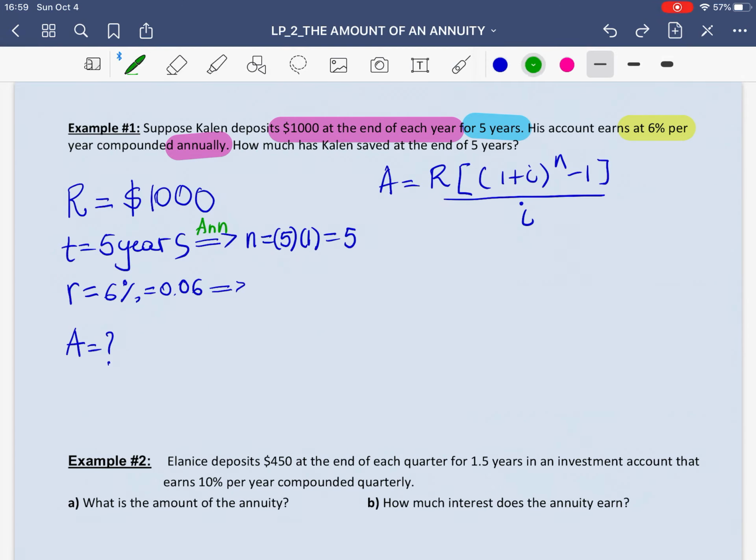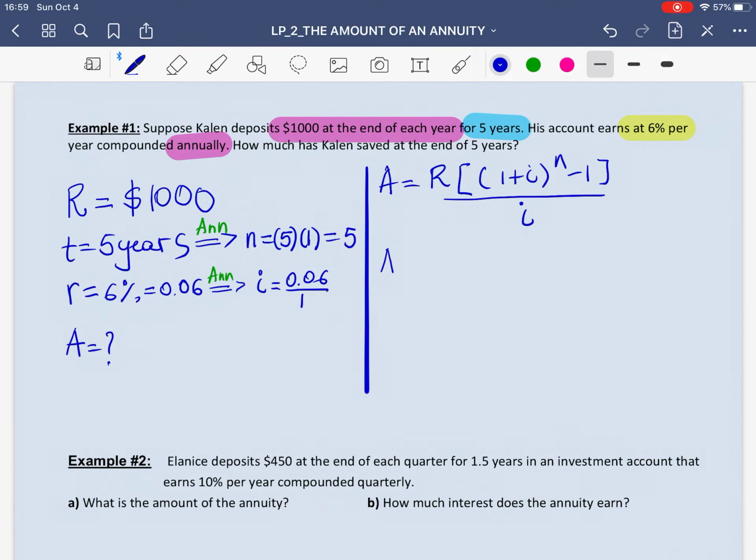And in our case, it's annually again. The annual interest rate will help us determine the interest rate per one compounding period. So 0.06, and we have one compounding period in a year. So that would be the interest rate. And from this point on, all we have to do is substitute all the numbers given.